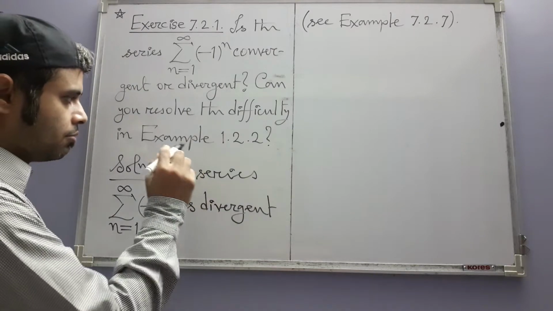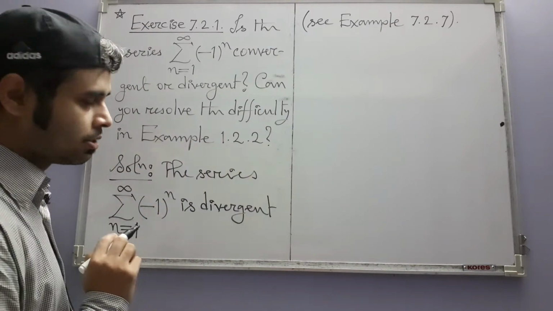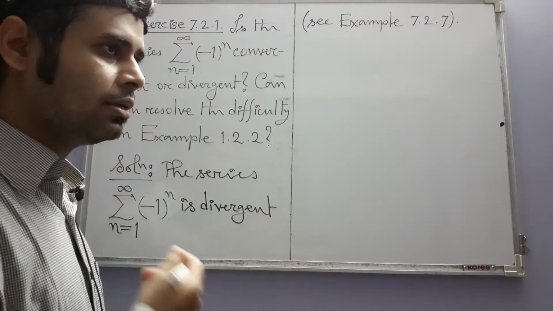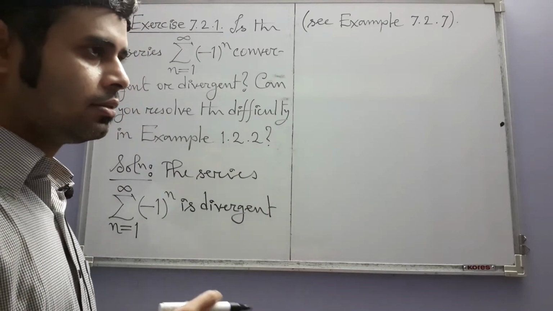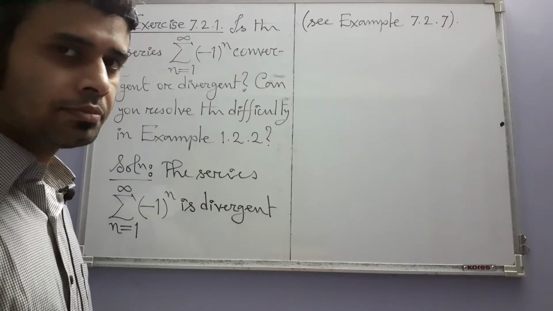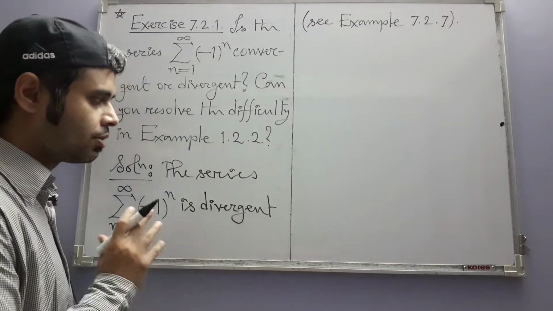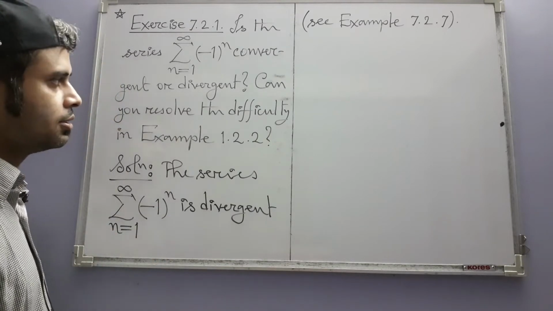And one such example was this one, which treats infinite series in a very careless manner and ends up having nonsensical results. So now the time has come for us to resolve these difficulties.